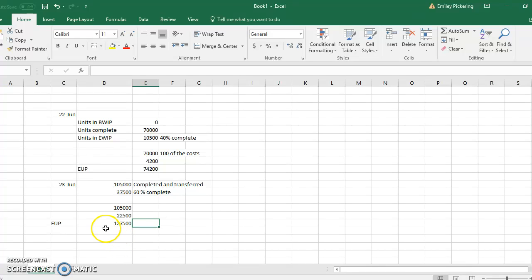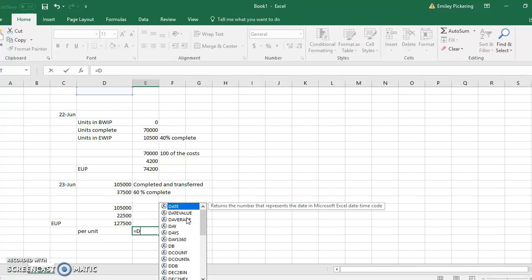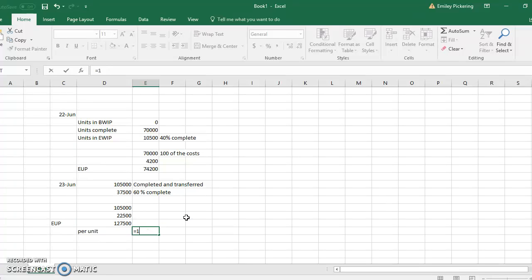Now, to find the per unit cost, I'm going to take the 127,500, and I'm going to divide the cost by it. So 1,530,000 divided by my equivalent units. So my per unit cost is $12 a unit.